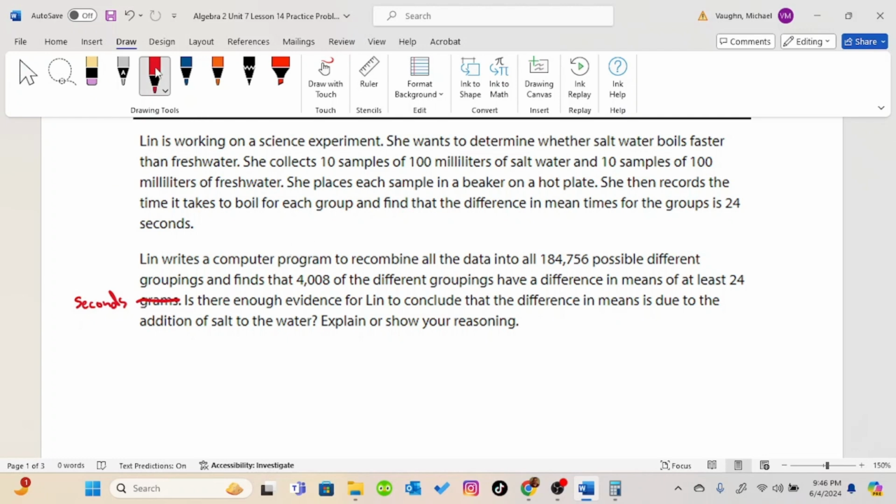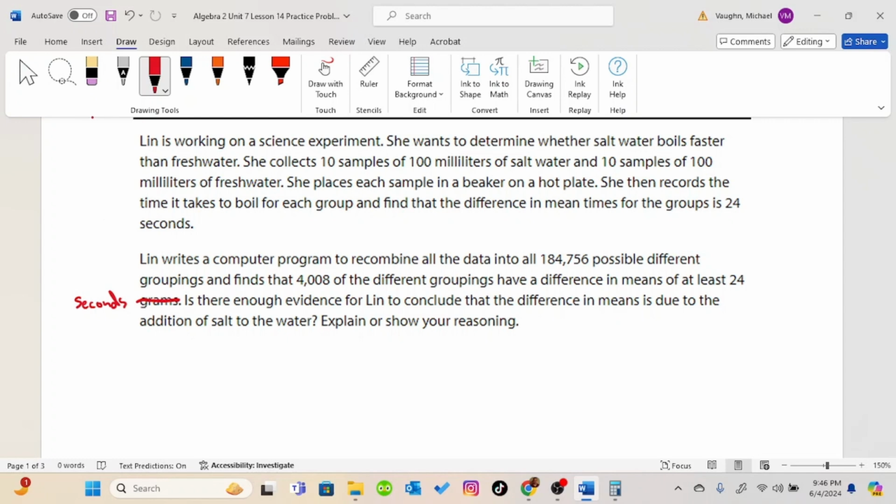As we begin to solve this, we want to find out what percentage of the time we actually found differences that were just as large or larger, and then think about that as a percentage of the whole.